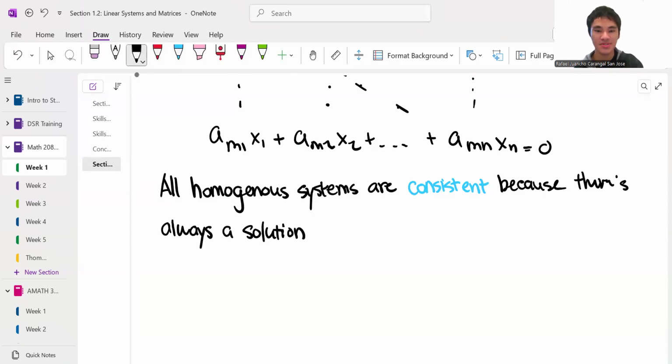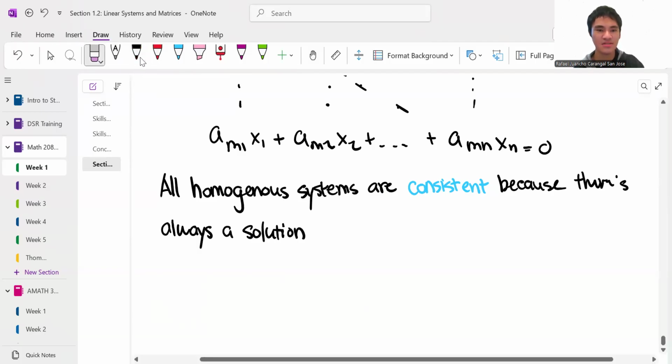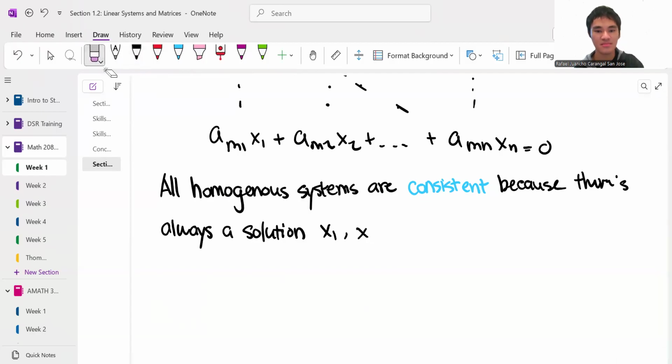We say that x sub 1, x sub 2, all the way to n are equal, and they can just be 0 and everything's going to be good. If we make this a 0, we make this a 0, everything is 0, then the sum is going to be a 0. So it always has that solution.